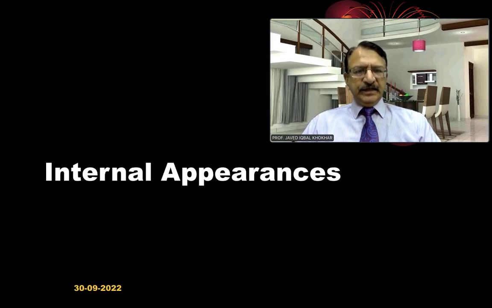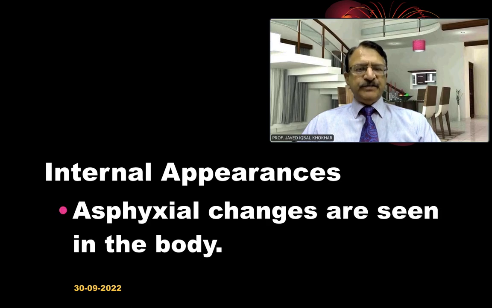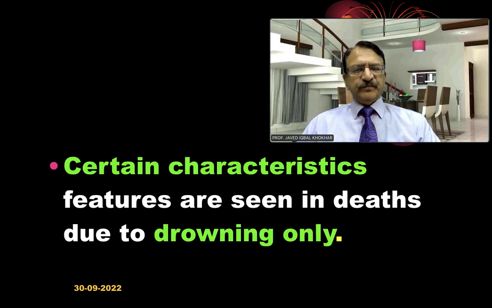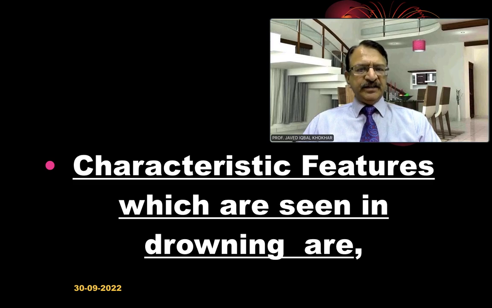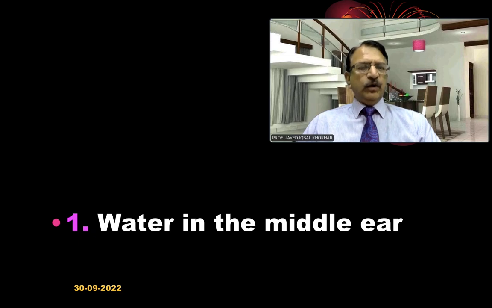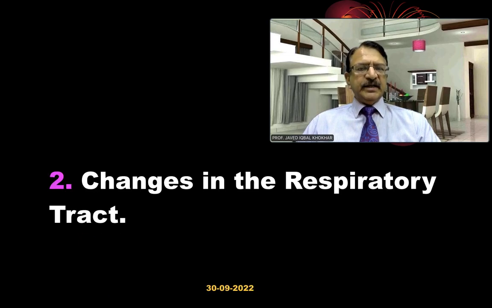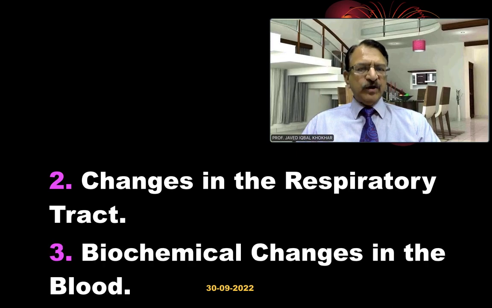The internal autopsy findings are that there may be asphyxial changes in the body. And there are certain characteristic features which confirm that the death is due to drowning only. Those characteristic features seen in drowning are water in the middle ear, changes in the respiratory tract, and certain biochemical changes in the blood.